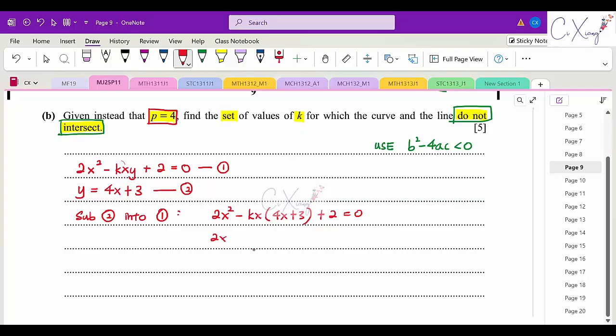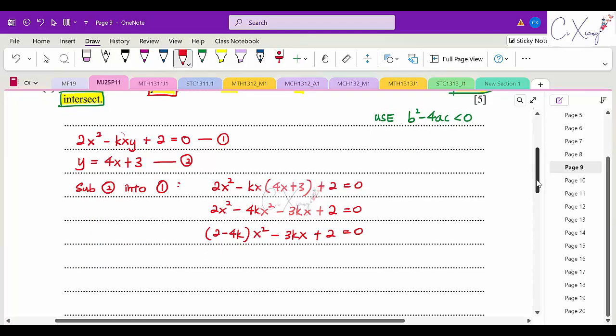Simplify this whole equation, and I want to group all the x squared together. Therefore, I'm having 2 minus 4k x squared, then minus 3kx plus 2 equals 0.